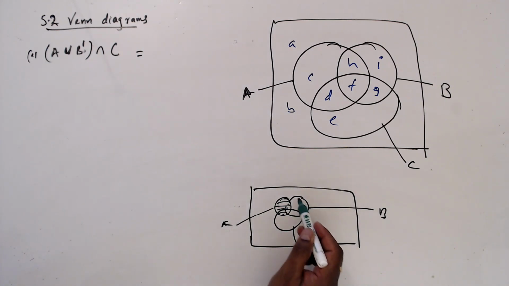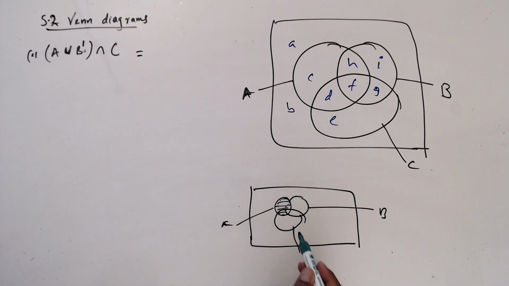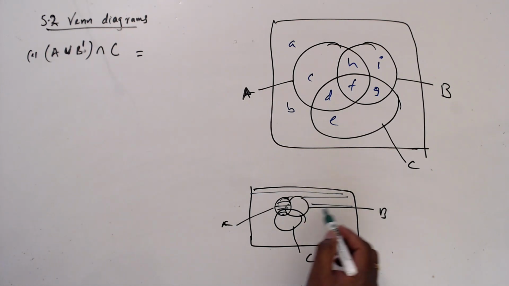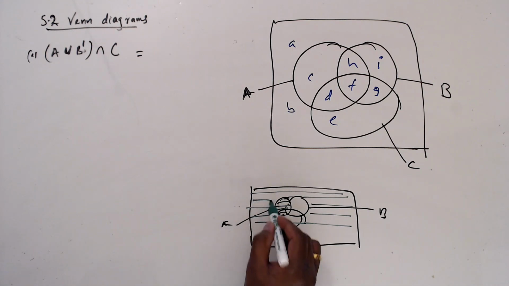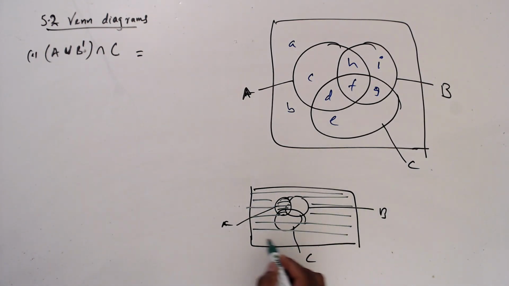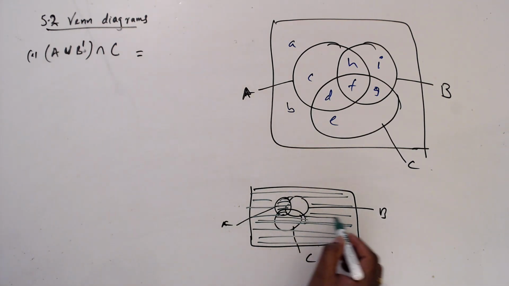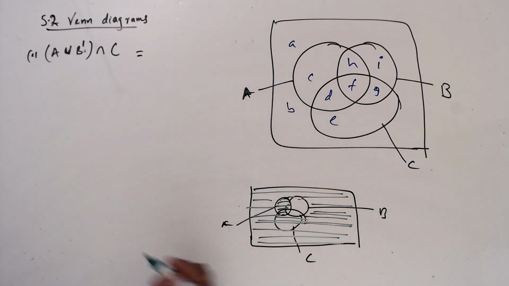So not belonging to B. We need the A area and the area that does not belong to B. The argument is the same, same pattern. So you can see only this bit is remaining now.